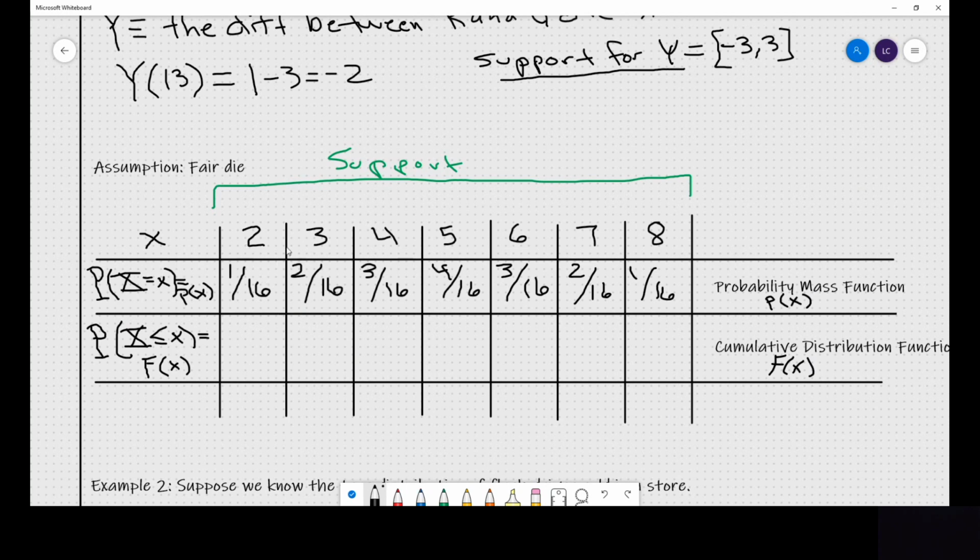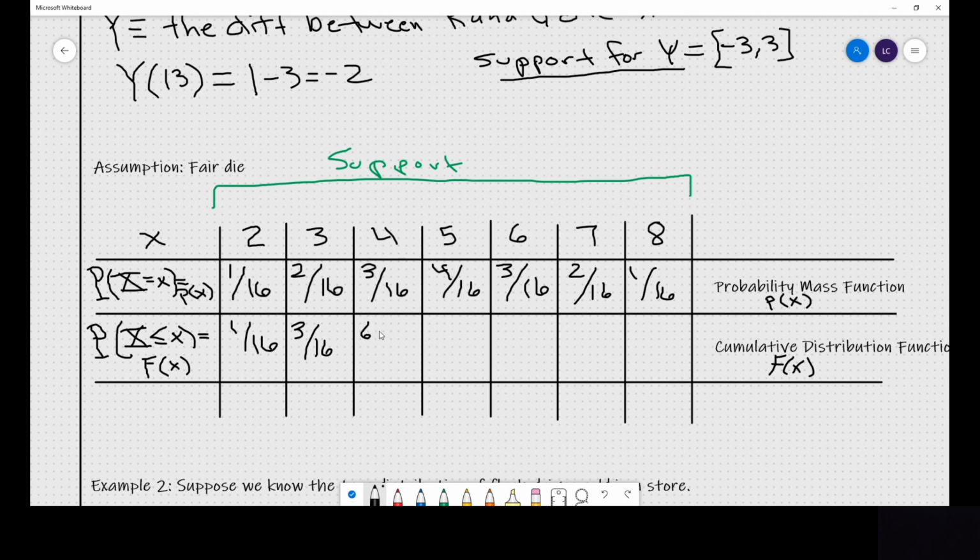So the probability that I'm less than or equal to 2, well, that can only occur if I got a 2. So that's obviously just 1 over 16. Less than or equal to 3, well, it's all of the previous accumulations plus whatever's in here. So 1 plus 2 is 3/16. The probability that I'm less than or equal to 4 is all of the previous accumulations, which is this number here that's in the CDF for 3 plus the one for 4.